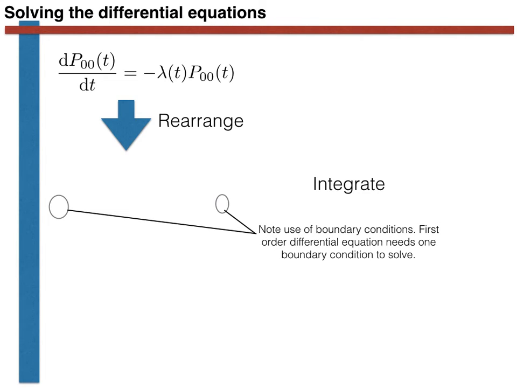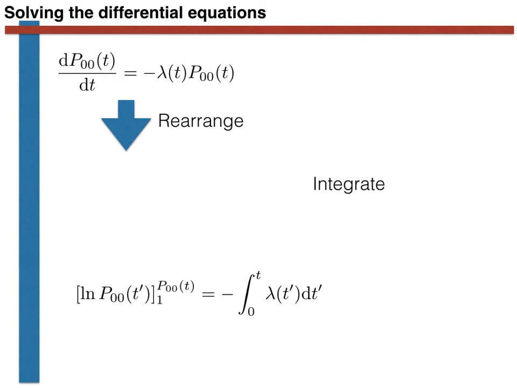Let's now actually do this integral. We cannot do the integral on the right-hand side as we do not know what the function lambda of t prime is equal to. As such, we cannot do anything to the right-hand side. For the left-hand side, though, we are integrating 1 over P00 of t prime with respect to dP00 of t prime, and this integral is just equal to the logarithm of P00 of t prime.